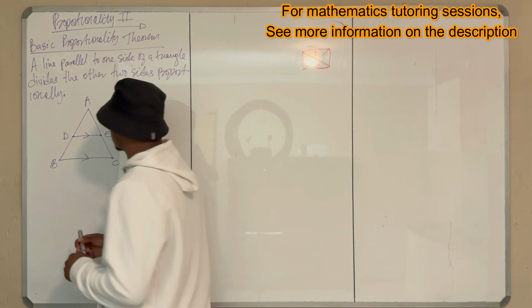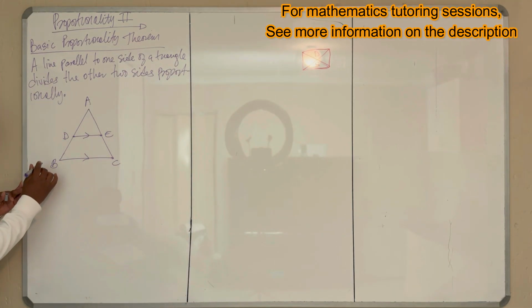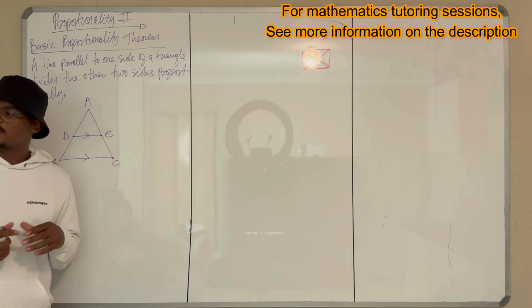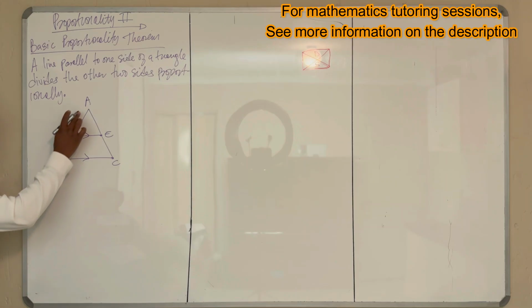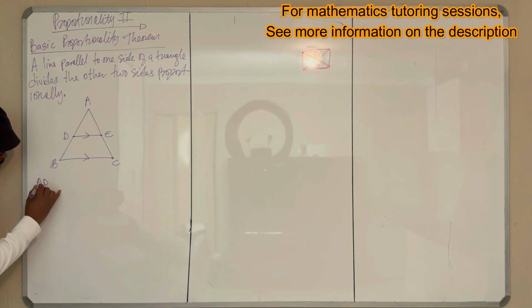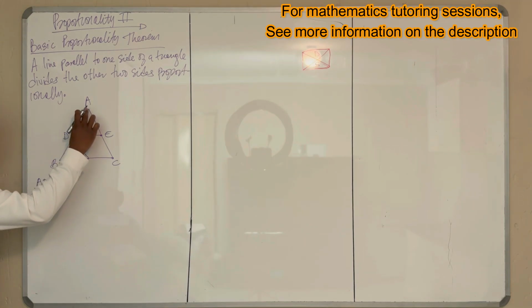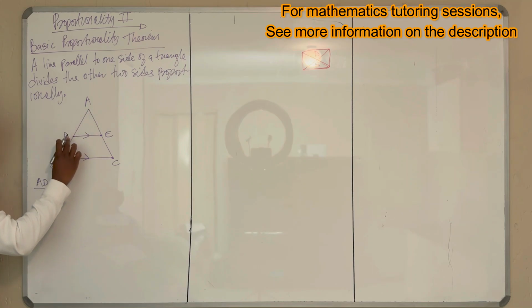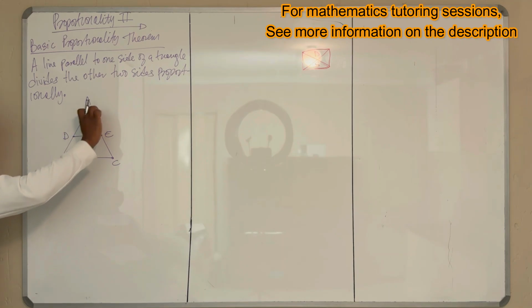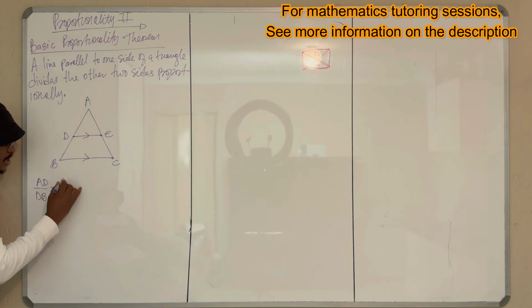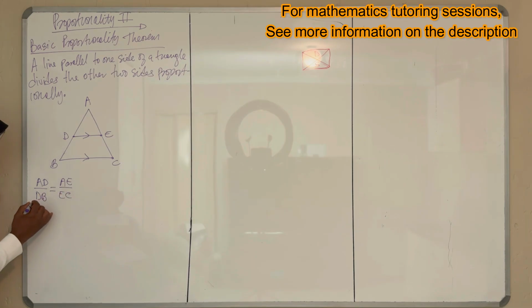What does that mean? How does that look? As long as you take the ratios of the same parts, you are okay. If you say AD, the top part above DE, over DB, it should be equal to the top part on the other side as well, which is AE over EC, right?